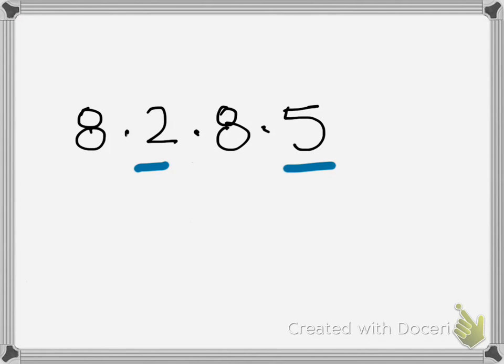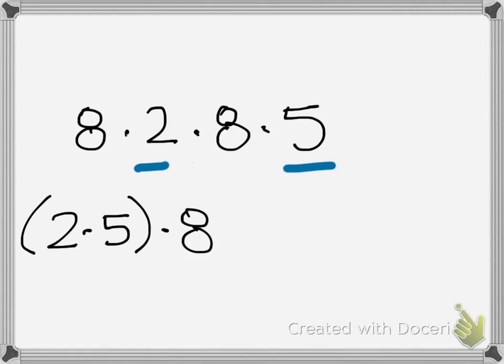So I would make the 2 times the 5 come first in parentheses, and then I'd keep the 8 times the 8. So if I did that, I grouped the 2 times the 5 together, and I also moved the order of the numbers.